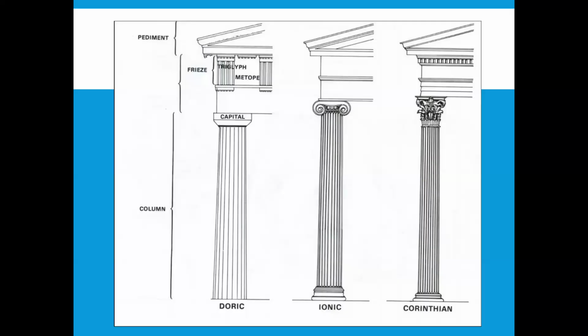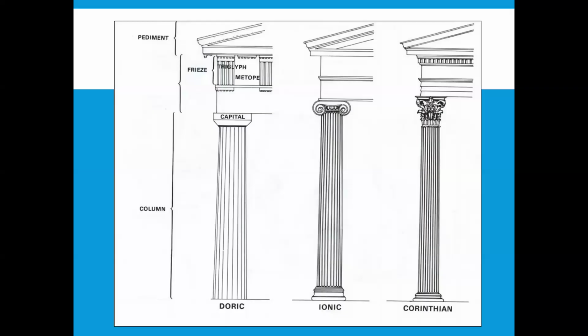In between the volutes, those swirls, is an egg and dart pattern, which you can't see super well in this drawing. And then the Corinthian capital is leaves of the acanthus plant. So you have quite the distinguishing marks in the capitals.